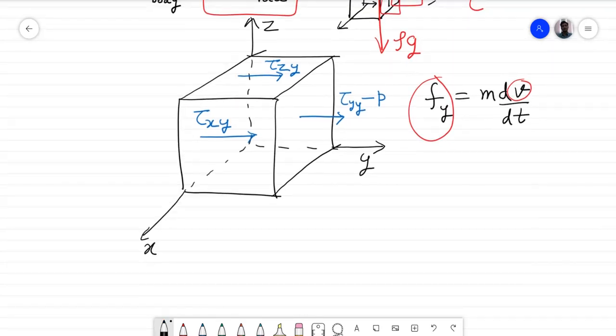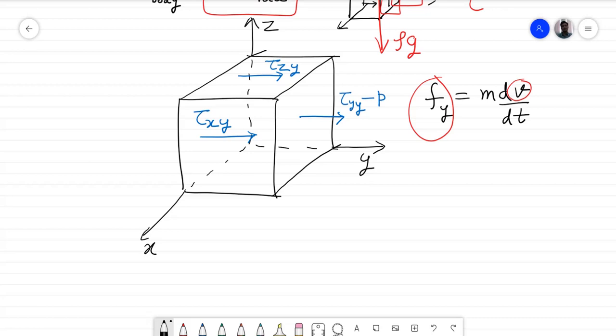Now the size of this element is small but finite. We are not talking about a single point here, so the stresses will be slightly different on all the faces. We said that tau yy, let's say on the positive face, is equal to tau yy on the negative face, but that is only when we are considering the same point.